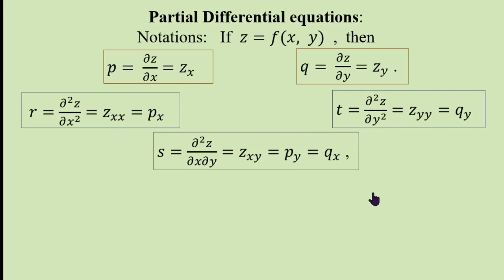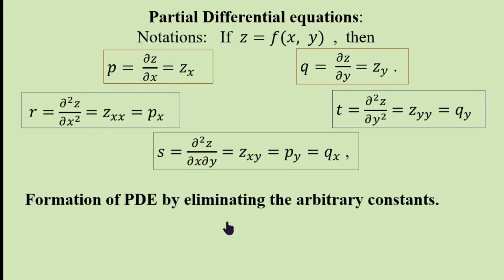Suppose z is a function of x and t, then don't use these symbols, because in that case t is an independent variable, not ∂²z/∂y². In that case you use the short form zx, zt, zxx, ztx or zxt or ztt, like that only you can use the notations.